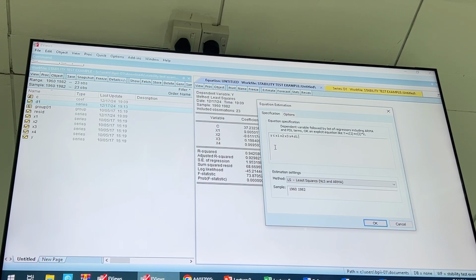So we have x1 star d1, space, x2 star d1, x3 star d1... sorry, this one is the x3. Yeah. And then x4.